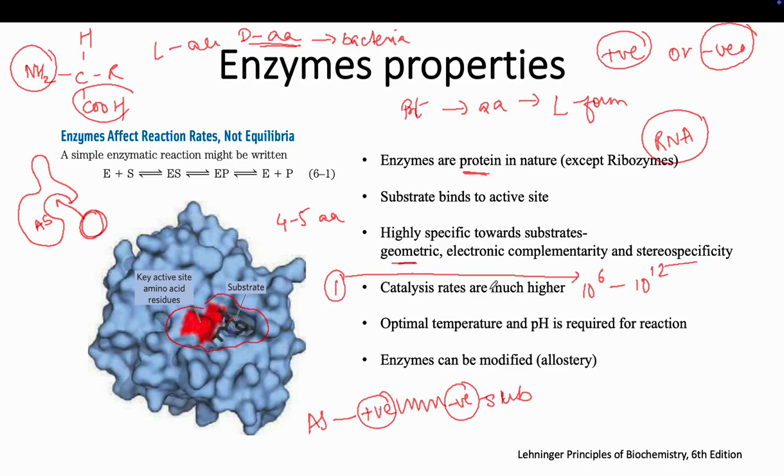So they are very fast catalyzing reactions, and all enzymes work under optimal temperature and pH. This could be a range at which they can work.